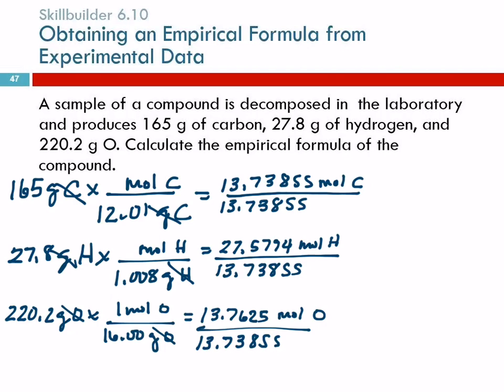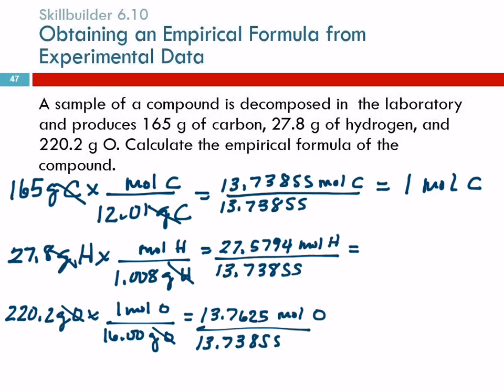So that first one, any number divided by itself is 1, so that ends up being exactly 1 mole of carbon. 27.57, was that a 7.4 or 9.4? 9.4, thank you. It's a 9. Divided by 13.73855.